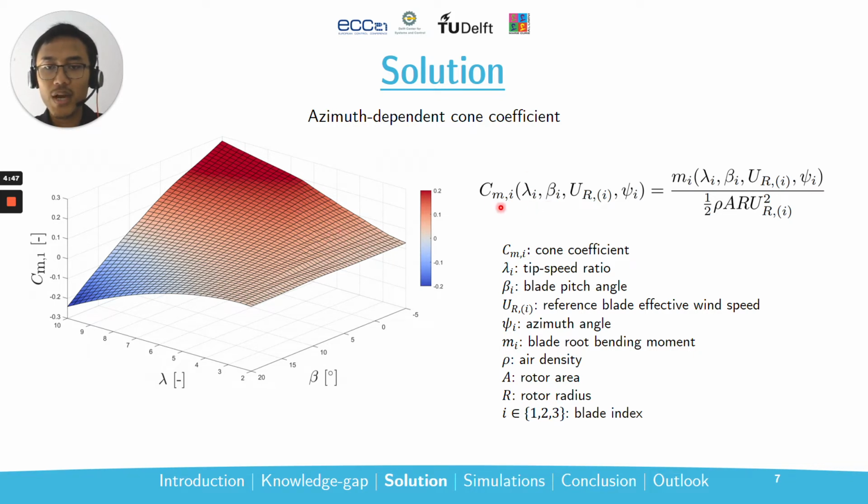Here the cone coefficient equals the blade root bending moment divided by 1/2 of air density times rotor area times rotor radius times the reference wind speed squared. Of course, this is also done for other azimuth positions to capture the variations over different blade positions.